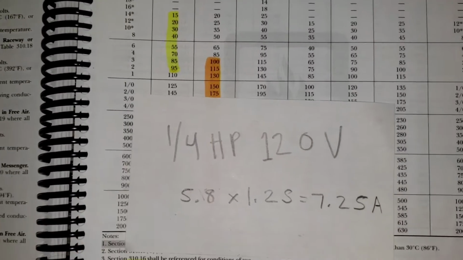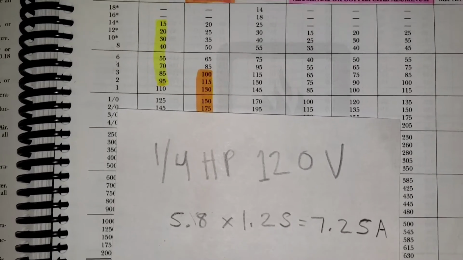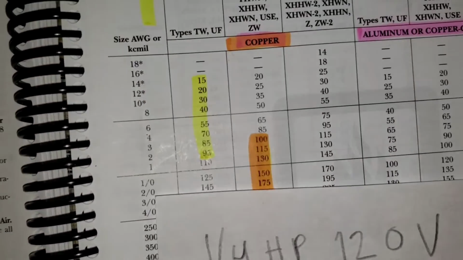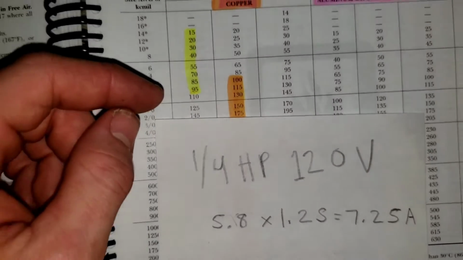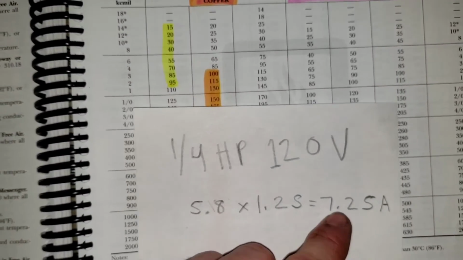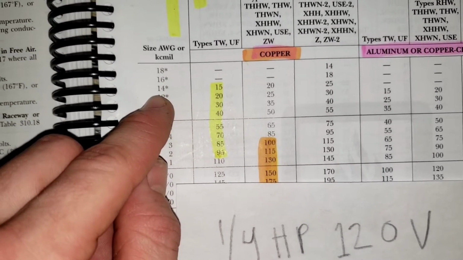There's only one problem with this table here. Where is 7.25? There's just blank spaces. Okay? Well, it's good to know that if you're sizing wire for a house, and if you have something that has 7.25 amps, you're going to be using 14 gauge wire. Okay?